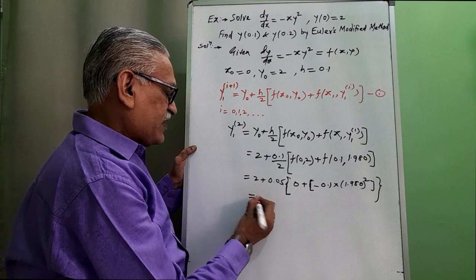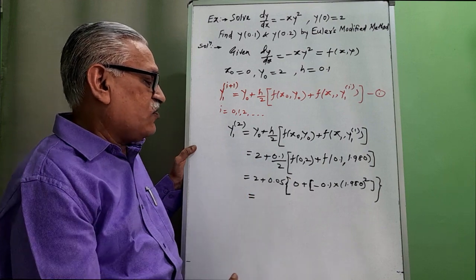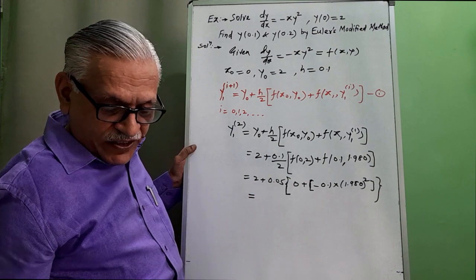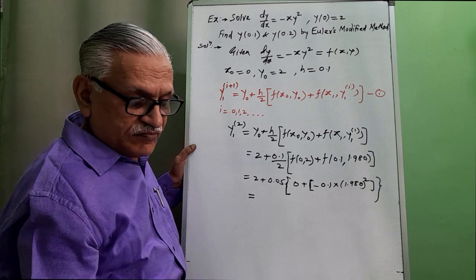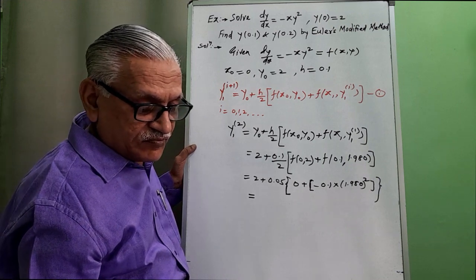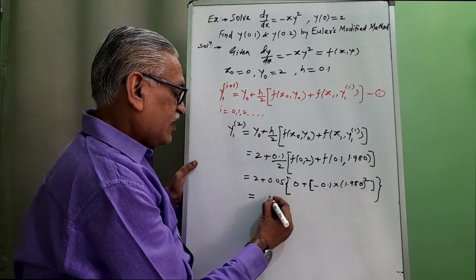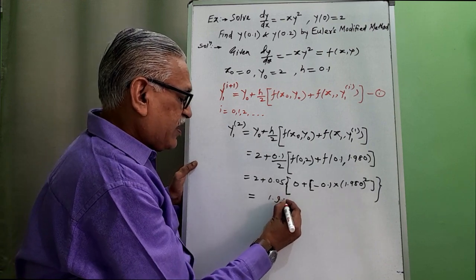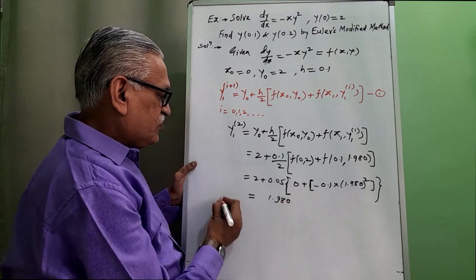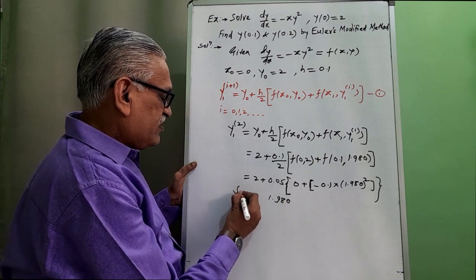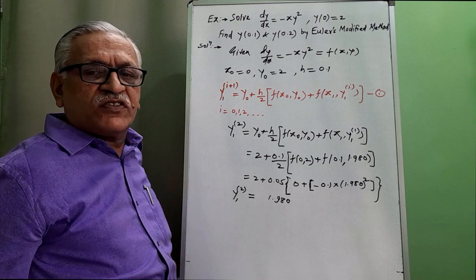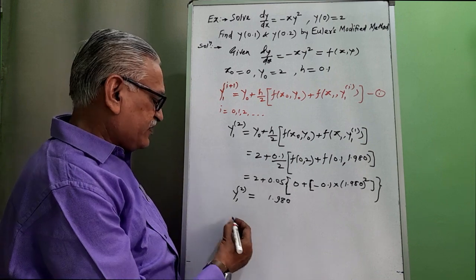Simplifying it by calculator, again it is coming as 1.980 as the value of y1 second approximation.